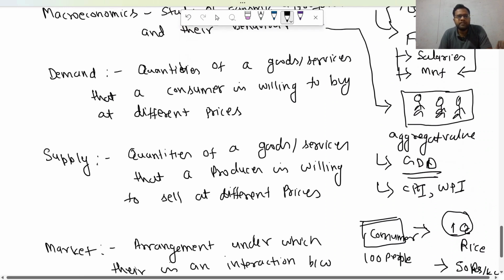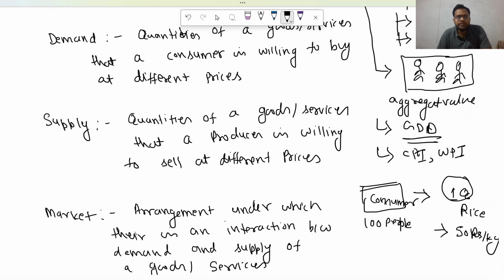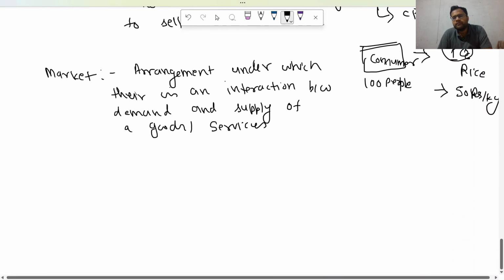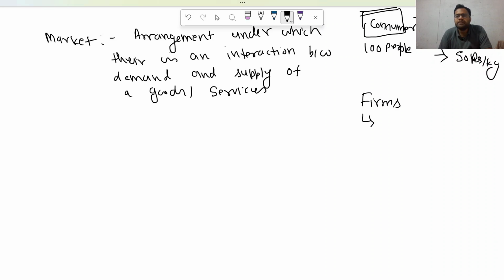Same for a service. And for the supply, quantities of a good and service that a producer is willing to sell at different prices. Let's say there is a firm who is producing some particular goods, let's say a pen company.